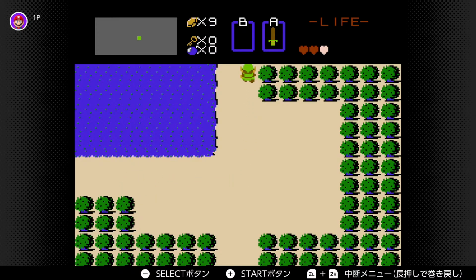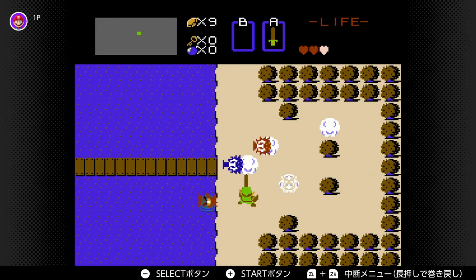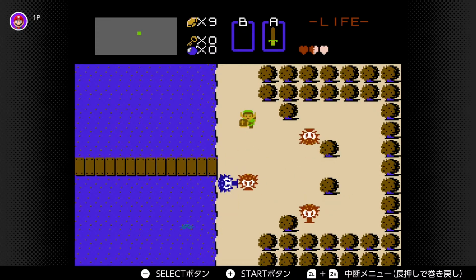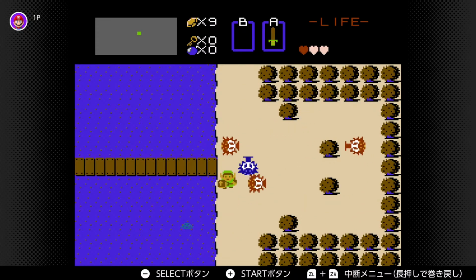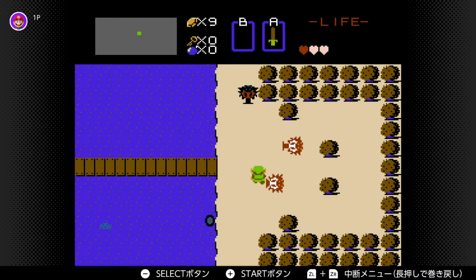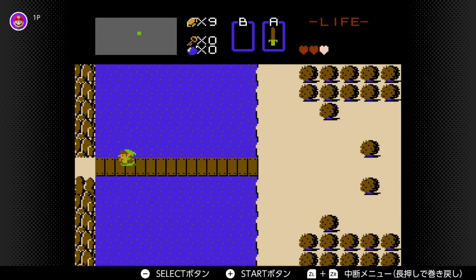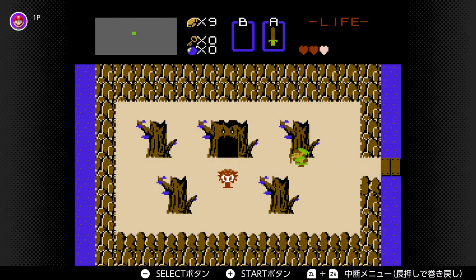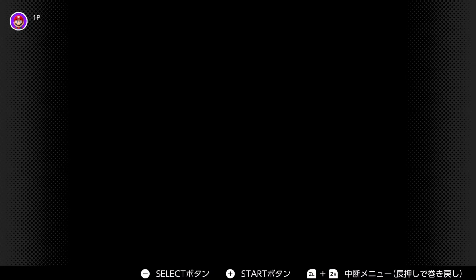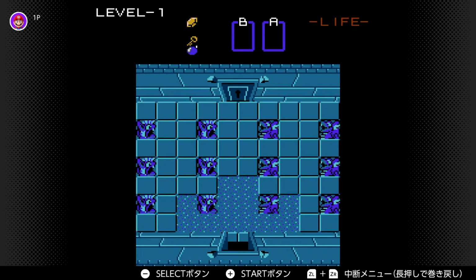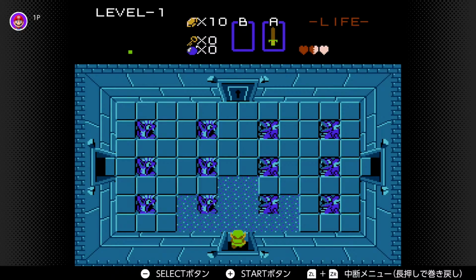Wanted also a heart to get back our sword beam, but unfortunately... Oops. Be careful not to die. Okay, we got some hearts. Fortunately not enough for the sword beam. And okay. And with that, we've arrived, as soon as it loads, at level 1, our first dungeon.